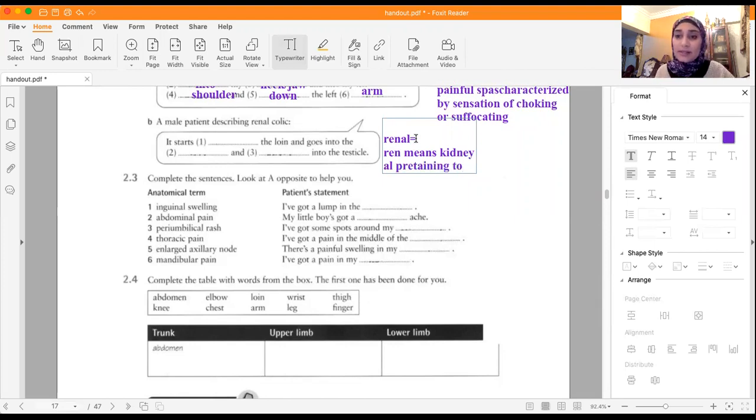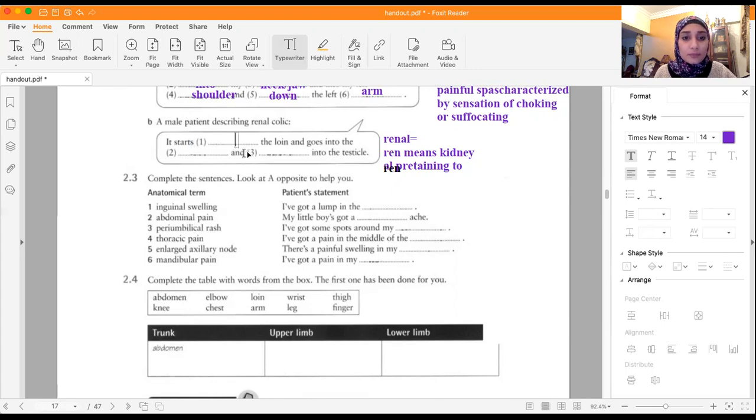So renal means pertaining to or related to the kidney. So this patient is suffering from renal colic. Colic means pain that comes mainly to the stomach. All right. Of course the stomach and the intestines.